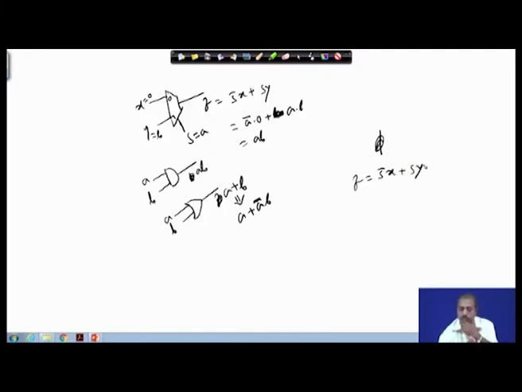Now, if I put this y equal to 1, then this expression turns out to be s bar x plus s.